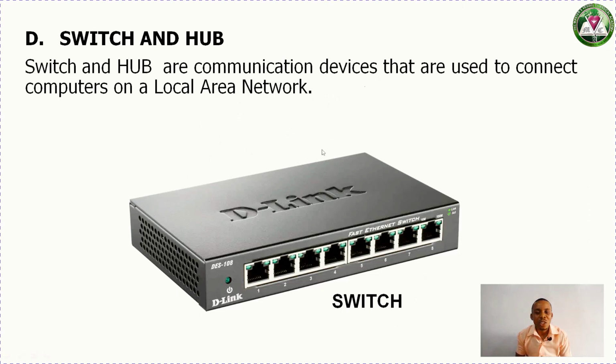All these hardware components are classified into input devices, output devices, storage devices, communication and processing devices. So it's left for you now to know the devices that are under input devices and the ones that are under output devices. It's not all the devices that are input devices, and it's not all the devices that are output devices. Okay, I hope you are following and you are enjoying the lesson.